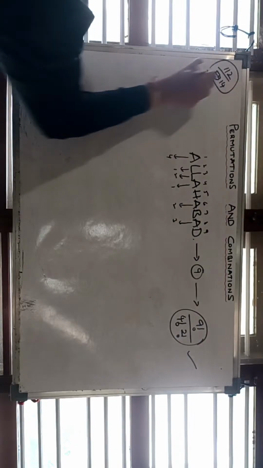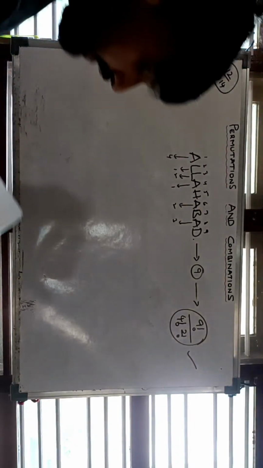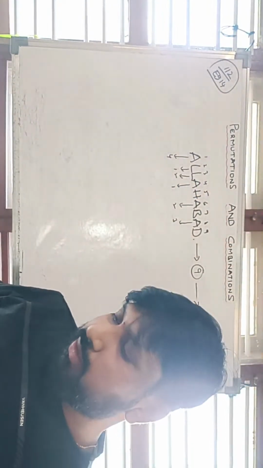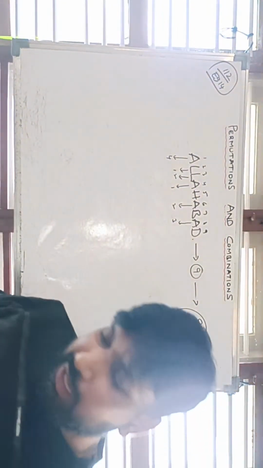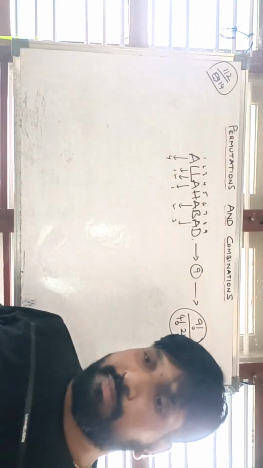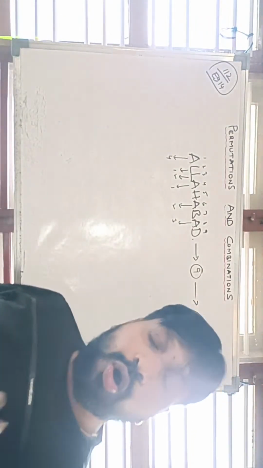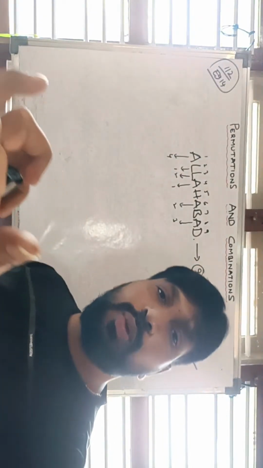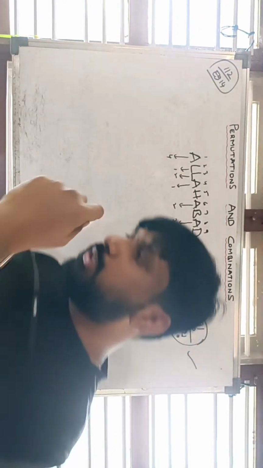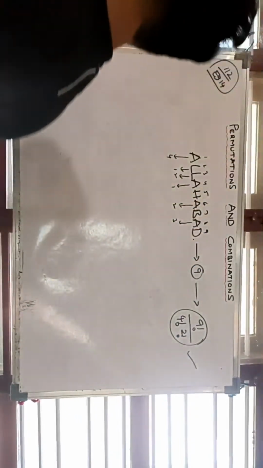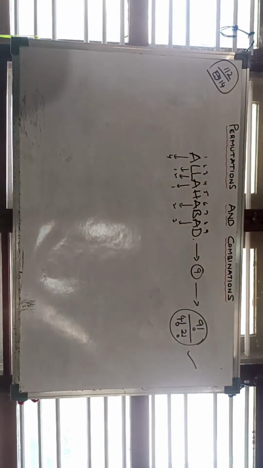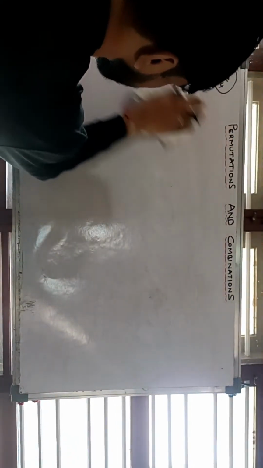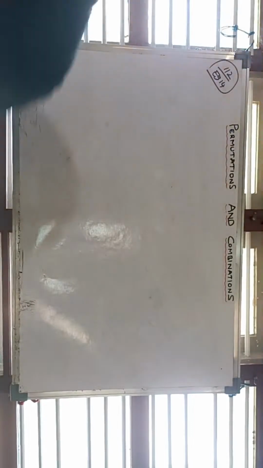The question is, find the number of different 8-letter arrangements that can be made from the letters of the word daughter, so that all vowels occur together, and all vowels do not occur together. This is the most important question for you. Vowels occurring together and vowels not occurring together is a very, very important area.